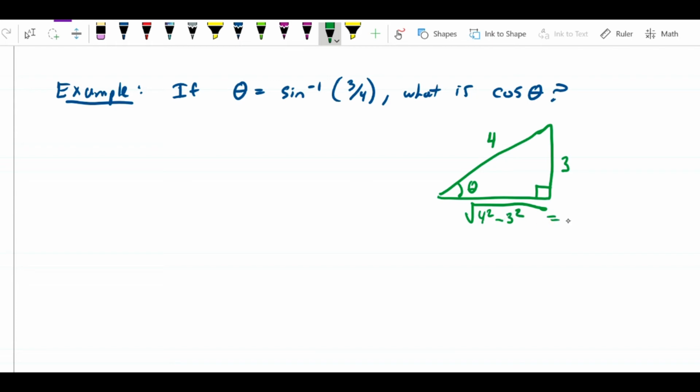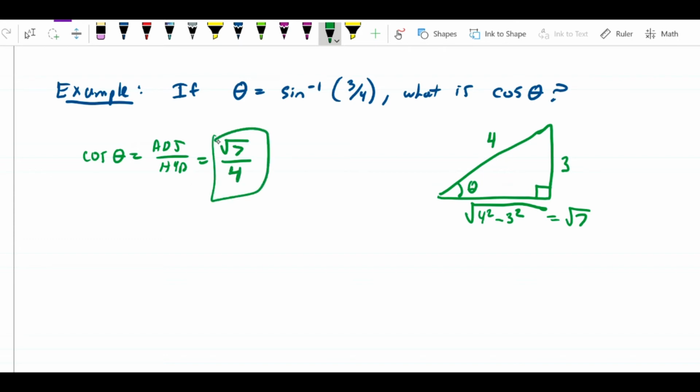That's 16 minus 9, so that's the square root of 7. That means that cosine of theta is equal to the adjacent over the hypotenuse, which is just √7/4. So that's a typical thing that we did with inverse trig functions.